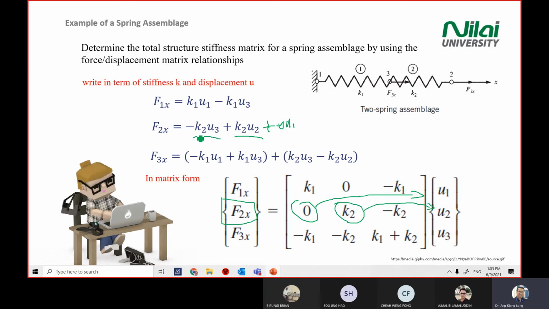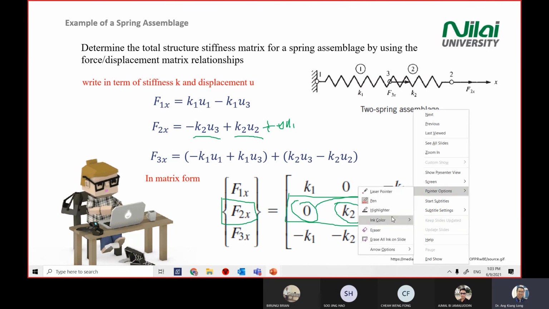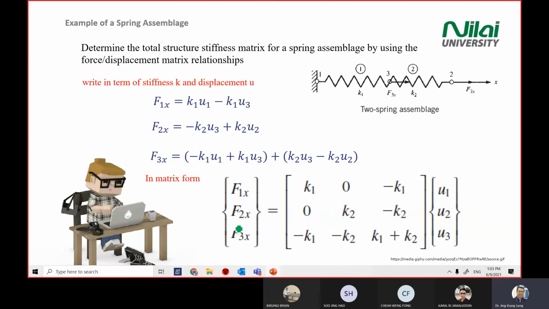Then negative K2 times U3. Basically, if you look at the F2 second row, it means you take the second row times this column. You take this whole thing times this one.